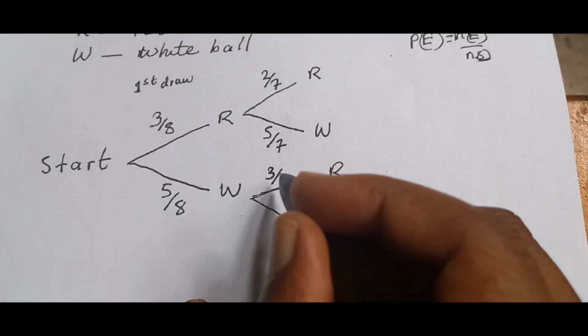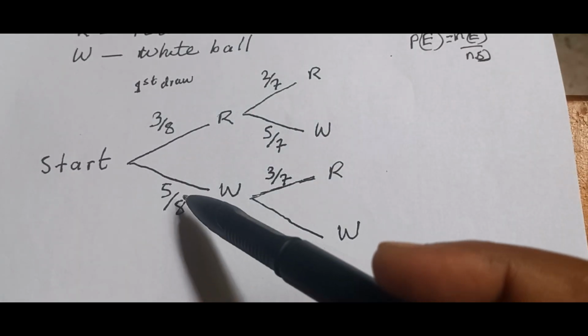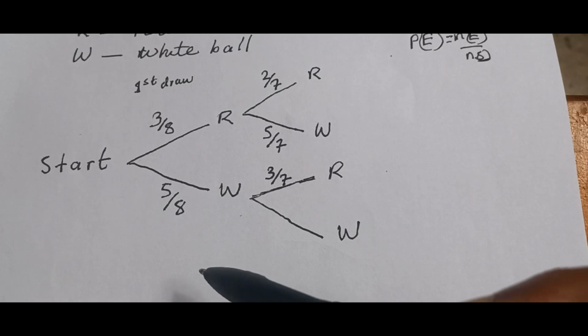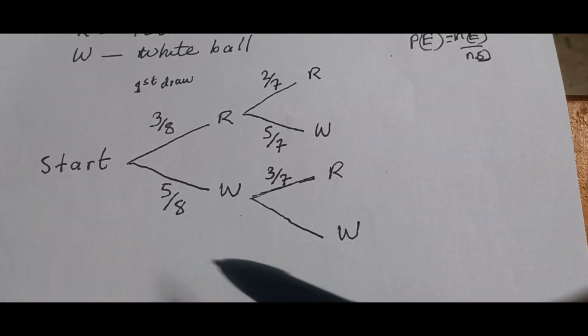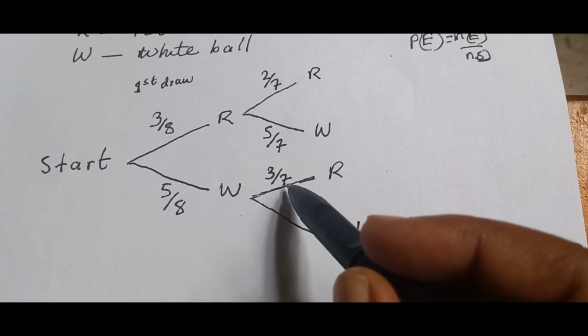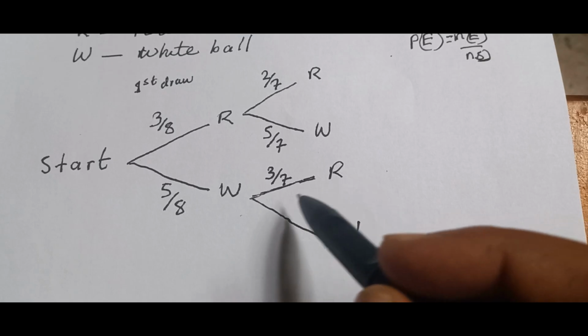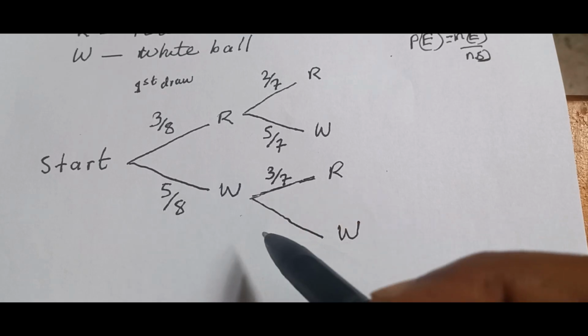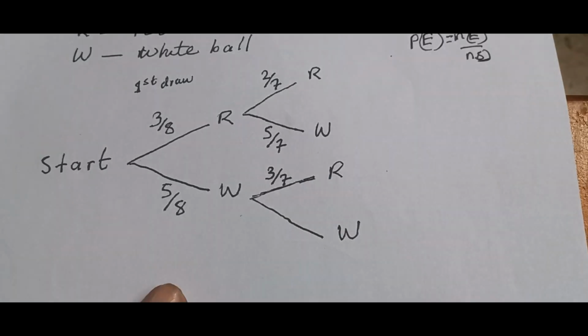Our sample space here is 7 because the box contains 8 balls, but one ball, which is white, is taken. So we remain with 7 balls. So the probability of drawing a red ball, provided that the first ball drawn is white, is 3 over 7.